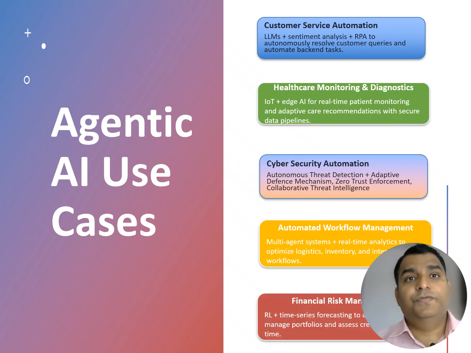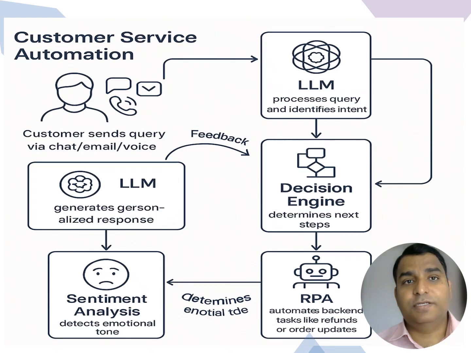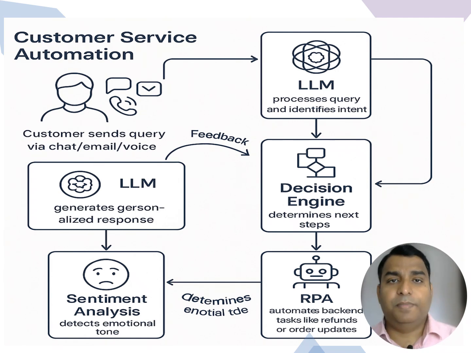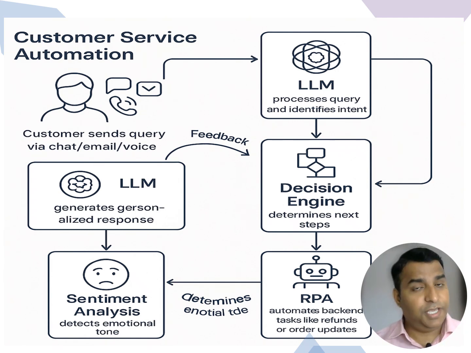So first we'll discuss the customer service automation agent. Here the customer service automation agent AI primarily enhances traditional chatbot systems by integrating intent recognition, sentiment analysis, and autonomous decision making.